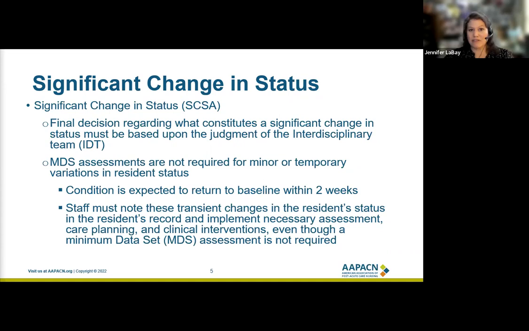MDS assessments are not required for minor or temporary variations in the resident status. So if this is something where the resident's expected to return to their baseline essentially within 2 weeks. Basically what we're looking at is there's an issue, there's a change, something is different with how the resident was assessed on the previous OBRA or scheduled PPS assessment, where it's something that's been submitted and we're looking at, gee, there's something different here.